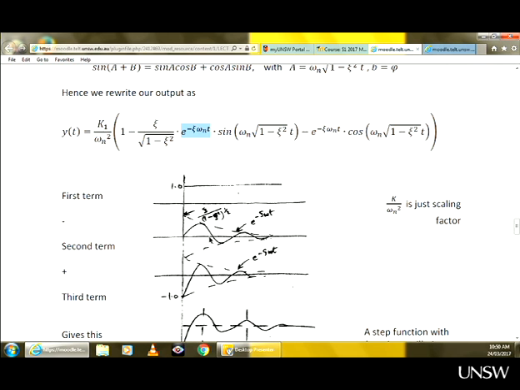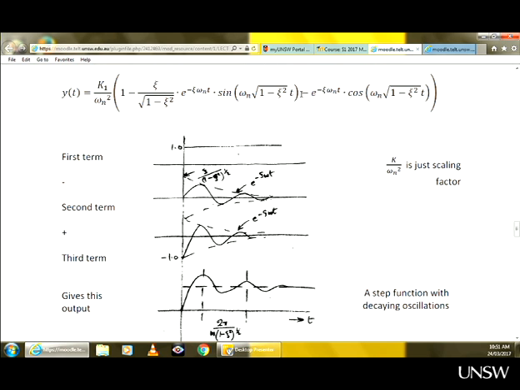So a sinusoidal function, but this exponential function will result in the amplitude being reduced to 0. This term here is a cosine, but also with a decaying amplitude. And it has a minus sign. So it will start from minus 1, and the amplitudes will decay to 0.